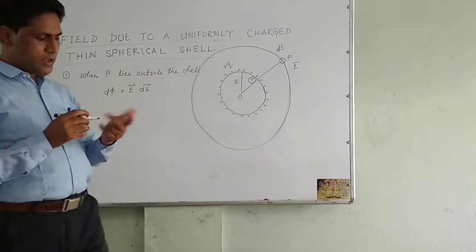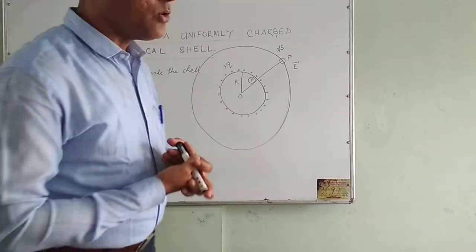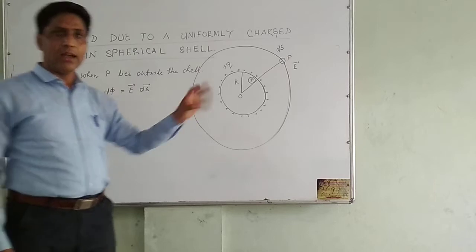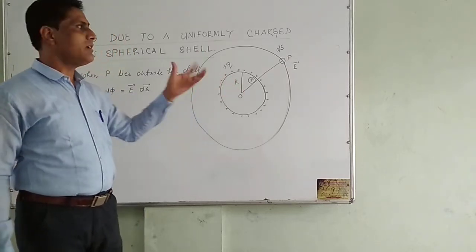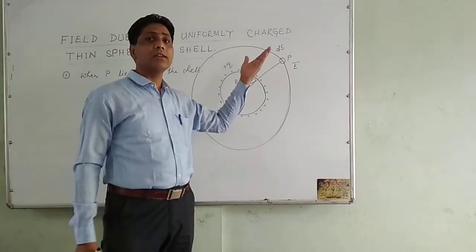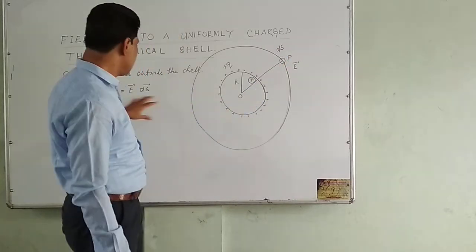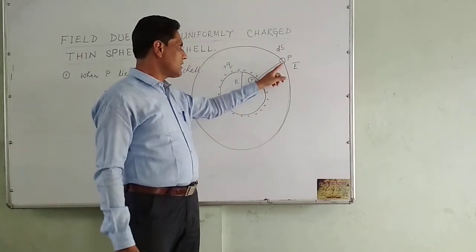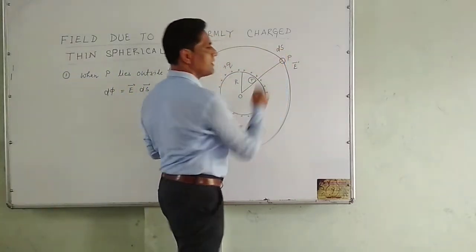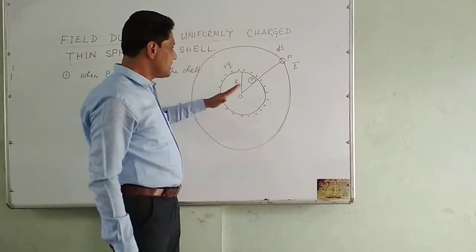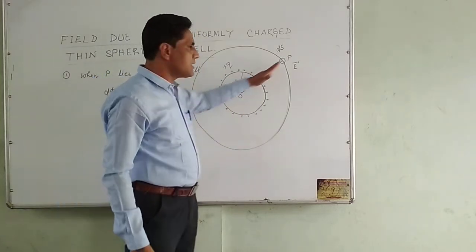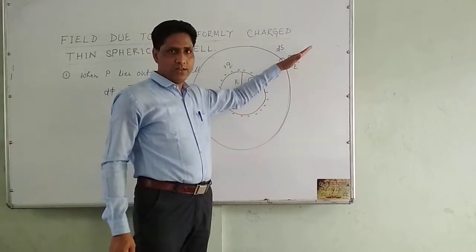As you know, area can also be regarded as a vector whose magnitude is the area of the surface and which is directed outward. In this particular case, the area vector of this surface is radially outward, and the electric field vector is also radially outward.